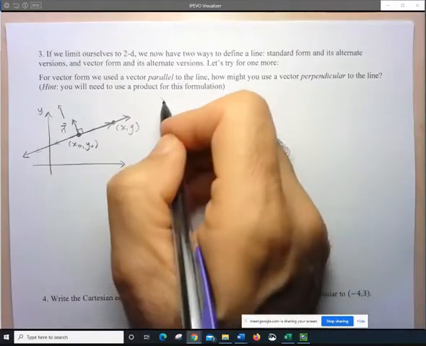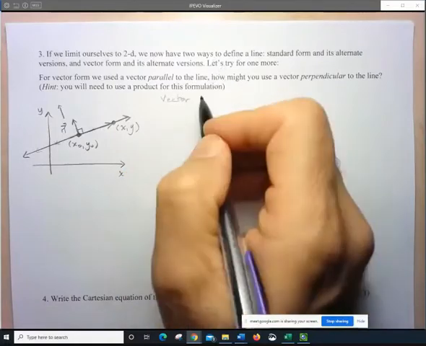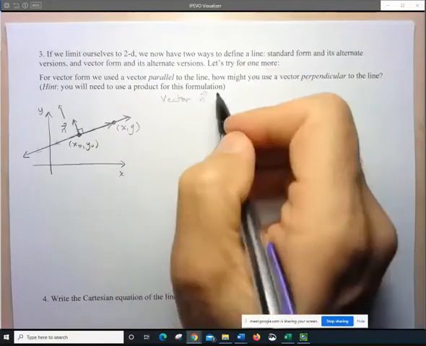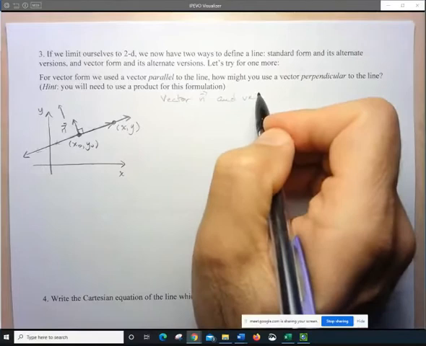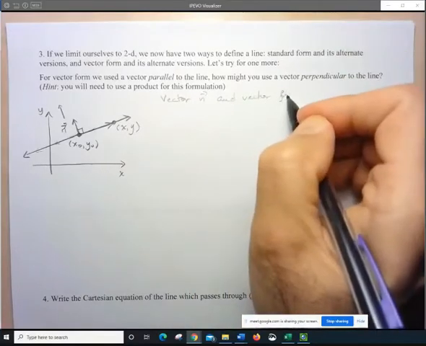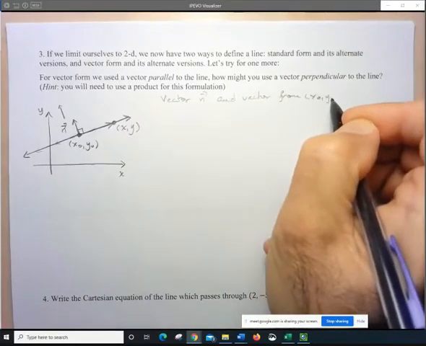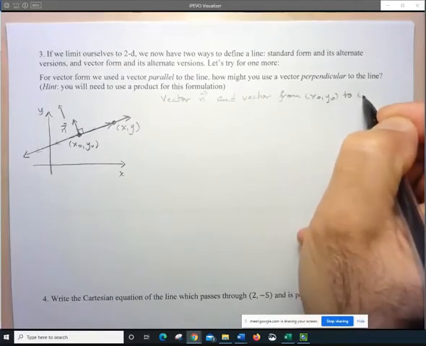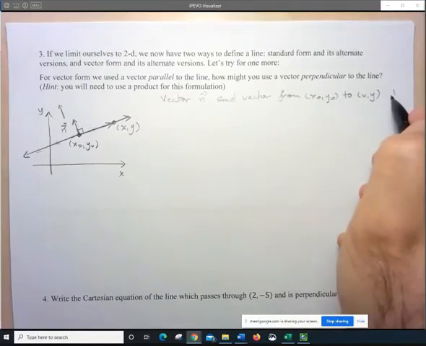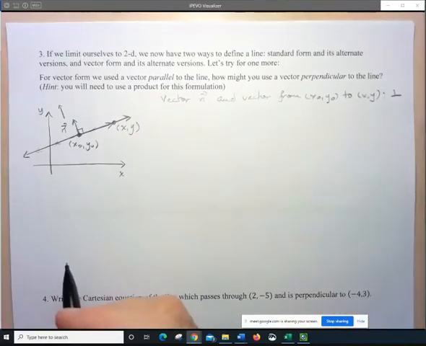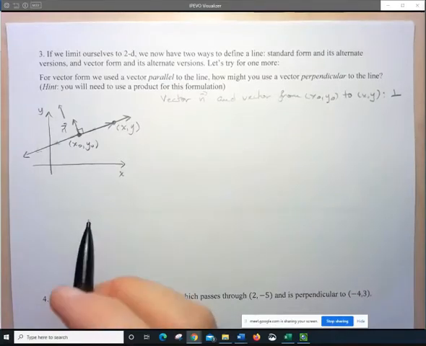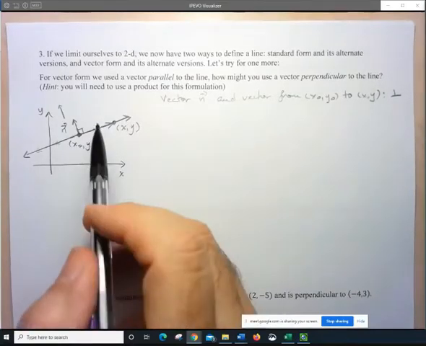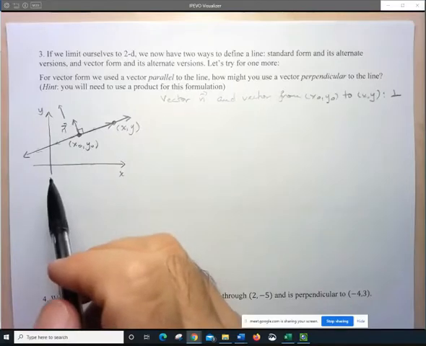Okay, so we can say that vectors n, the normal vector, and the vector from x0, y0 to xy have to be perpendicular. And that allows us to set up an equation because we know that perpendicular vectors have a dot product of 0.